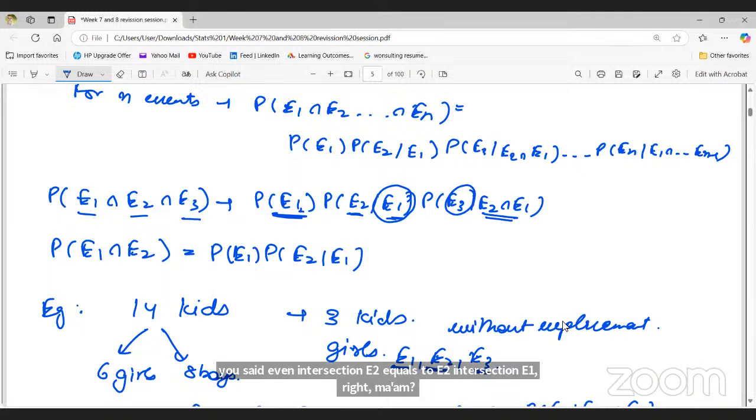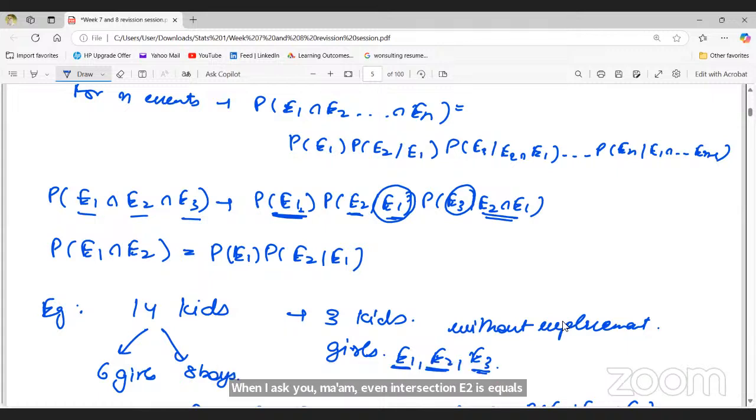You said yes. So how can we consider it as E2 intersection E1, P of E2 intersection E1, then the formula will be the same on the RHS, ma'am?